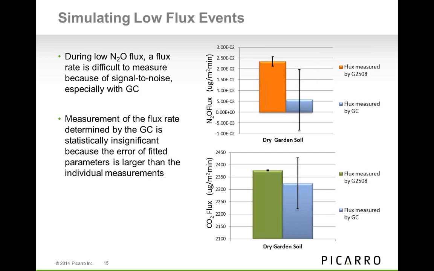However, when we do a fit for the G2508, we can tell that there actually is a flux to a relative degree. And then for the CO2, the error is tiny for the G2508 and falls well within the error bar of the GC.